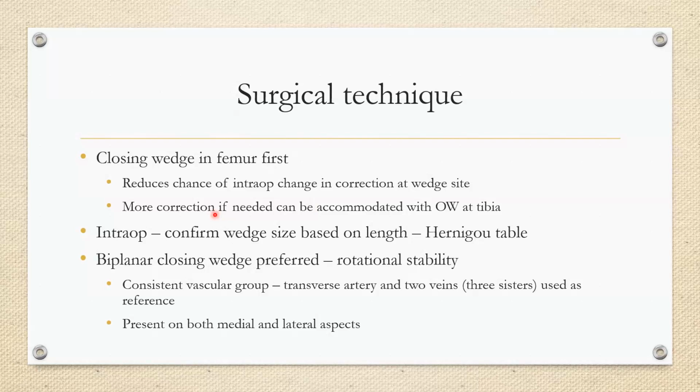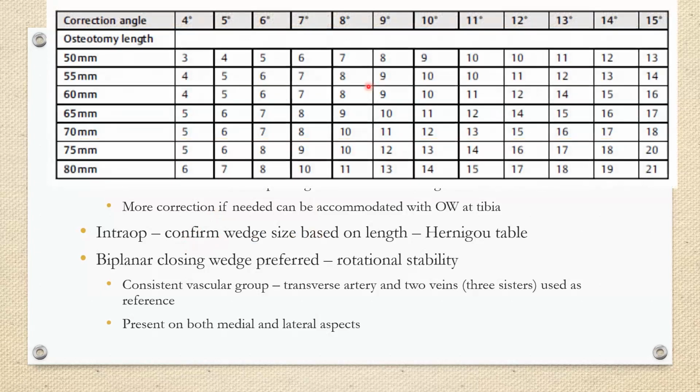And as discussed by Santosh, intraoperatively the size of the wedges should be confirmed by using the Herning table. This is a table where, depending on the size of the bone and the degree of deformity correction attempted, the length of the wedge taken differs.